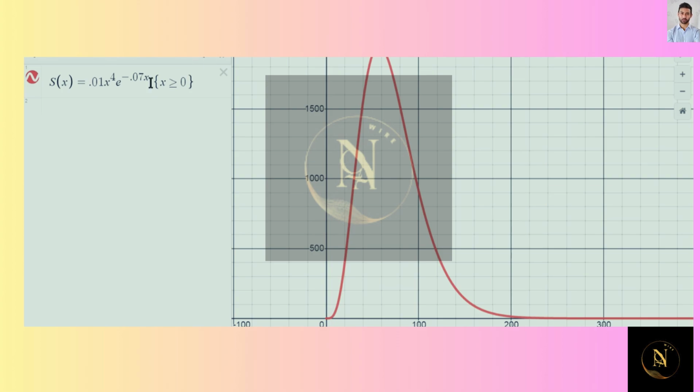Okay, so using Desmos, I graphed the surge function. Desmos prefers to work with the variable x, so instead of the variable t, which was representing minutes, we're just using the variable x.